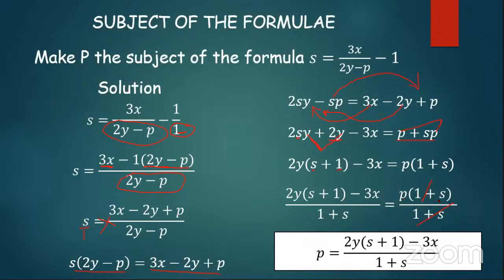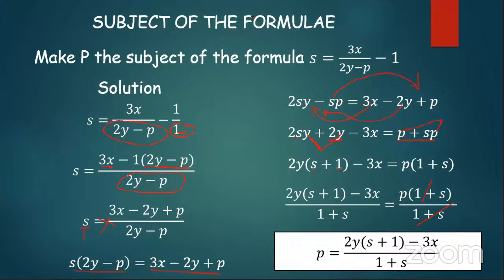But what I did here is that I began by writing p on the left hand side, because it is equal to the whole of that. So there we will have transferred p to be on one side of the expression, and our work would be complete.